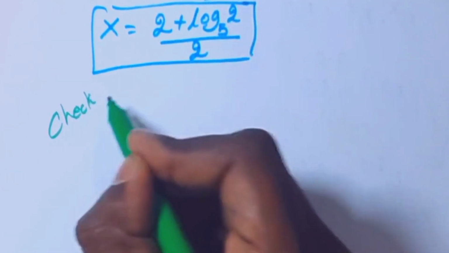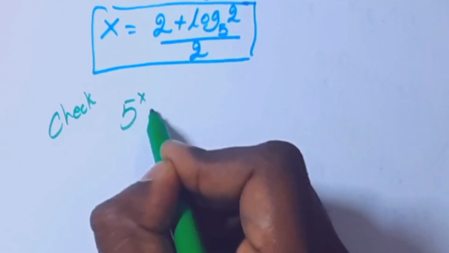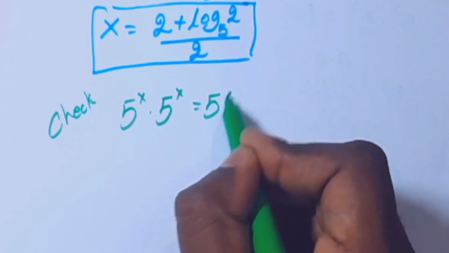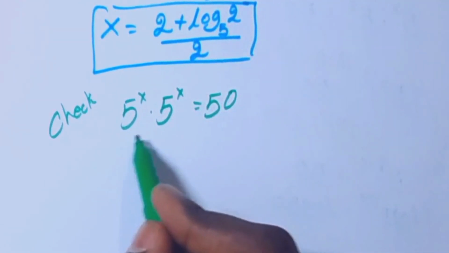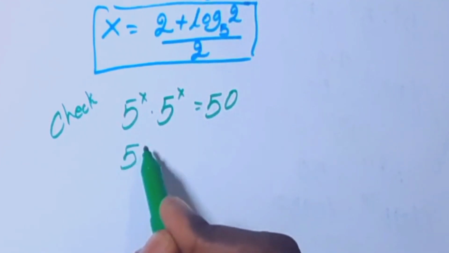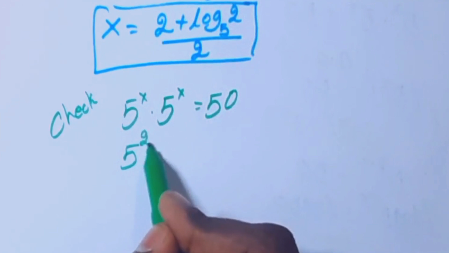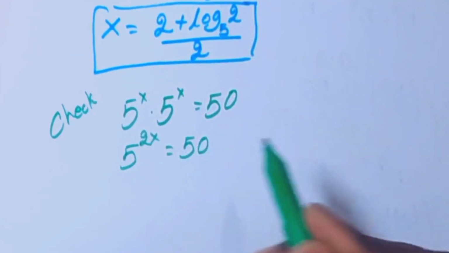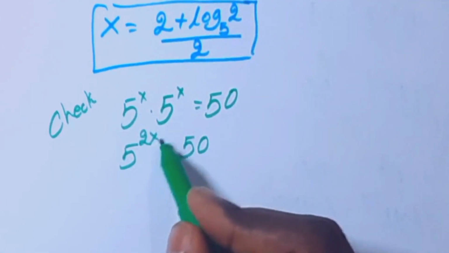Check: 5 power x times 5 power x equal to 50. Now we know this can be written as 5 power 2x equal to 50. Now we are going to apply this x here.